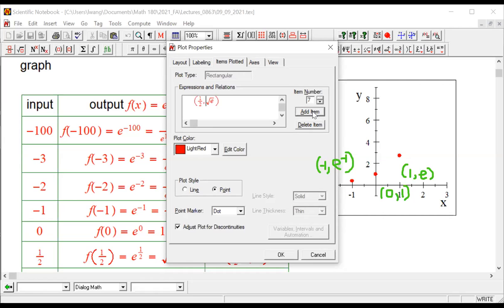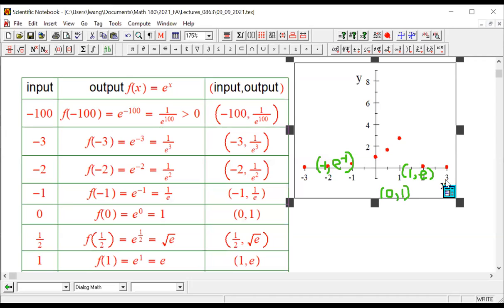And one more. This is going to be positive 2, e squared. Right, one more point. +3, e to the power 3. Boom. So I just put all the points in place, and I must have done something wrong, didn't I?